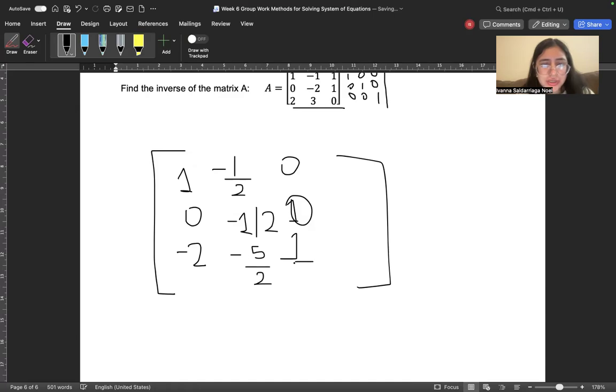R3, row 3, row 2. This number goes 1. Row 3. This goes in row 2, so this number goes minus 2. 1. Oh, wait. Sorry. Okay, I cannot check my phone.